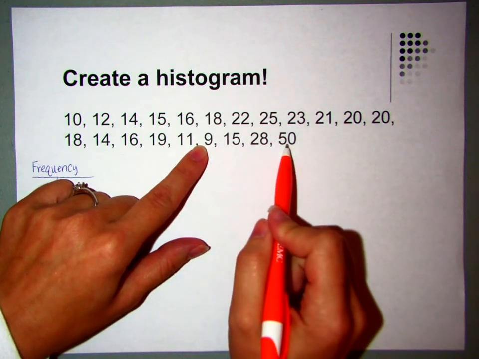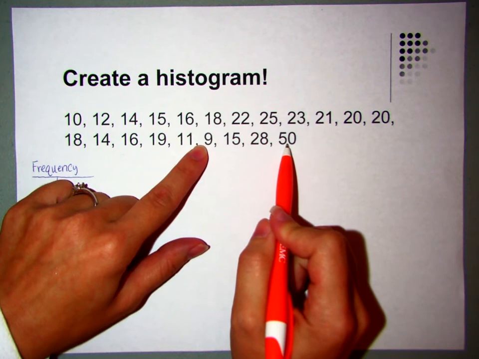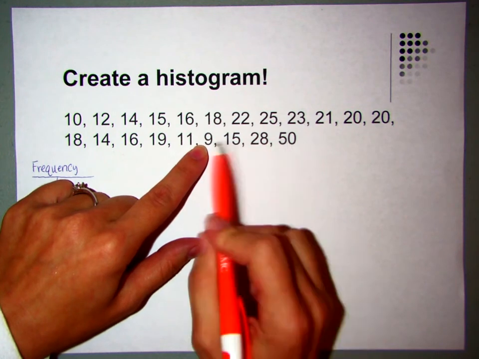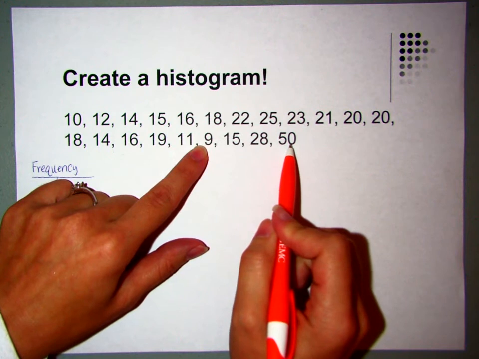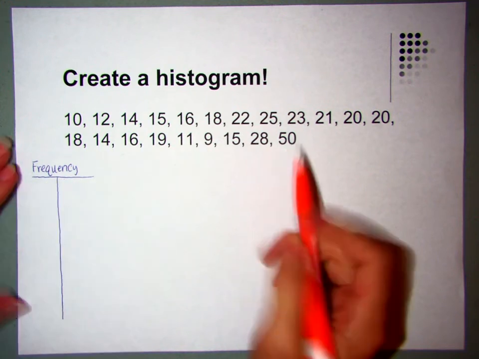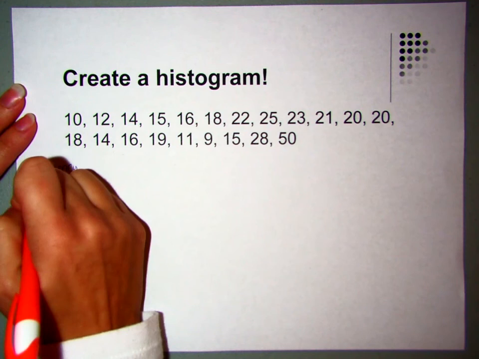So you want to say what's a good set of intervals to do. Well, I would either do about 10 units in a bin or 5 units in a bin. So I'm actually going to do 5.